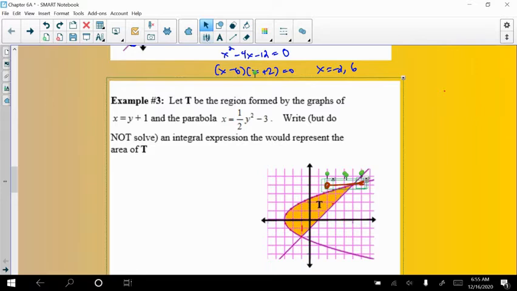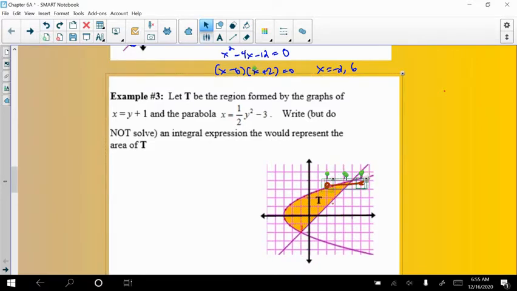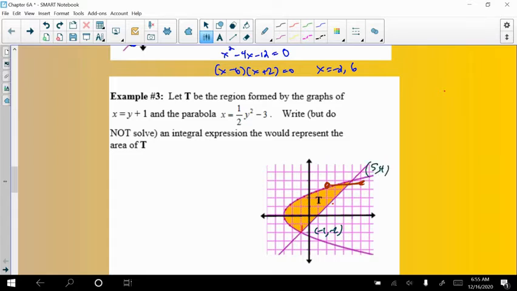And this intersection up here is (5, 4). Since I'm stacking them and using their y values, it's the y coordinate that's going to become my bound.